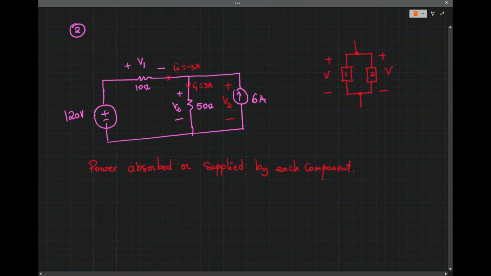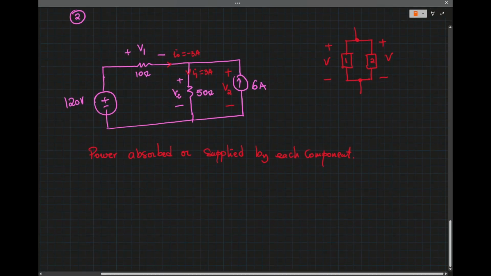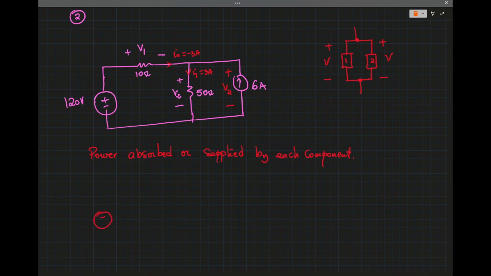So I will start with the voltage source, the constant voltage source. So we have 120 volt, and the current here is I0.